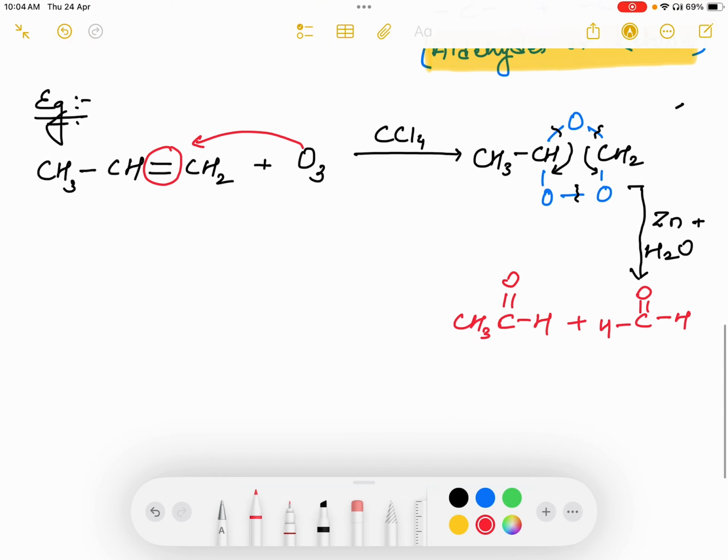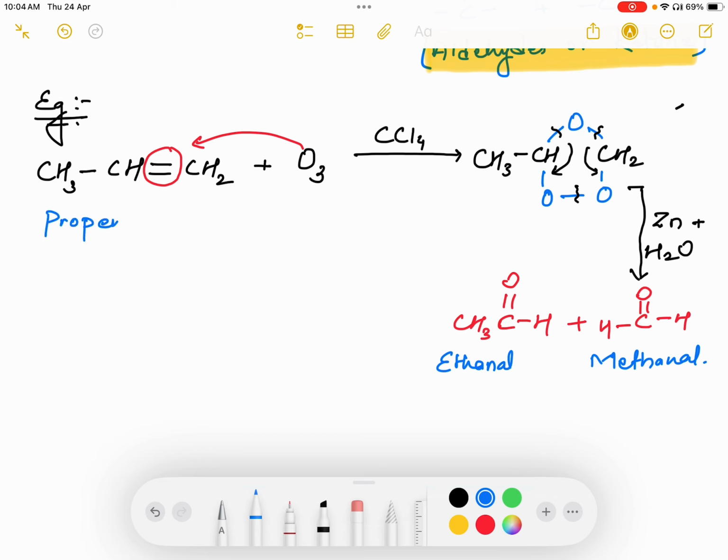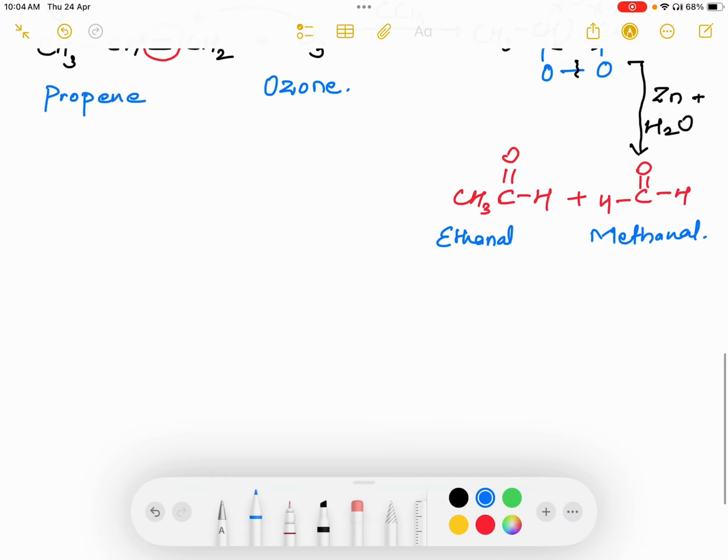That means there is a formation of ethanal and methanal. So here we had propene, and the alkene is treated with ozone in the presence of CCl4, which is further treated with zinc dust and water to form two molecules of aldehyde.